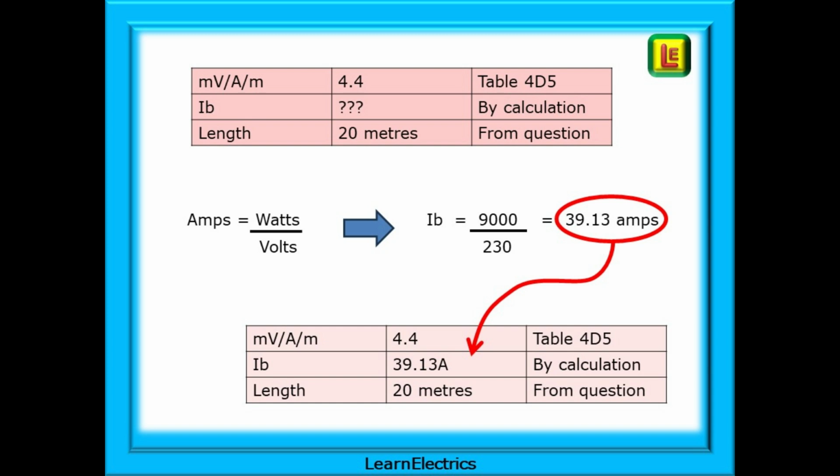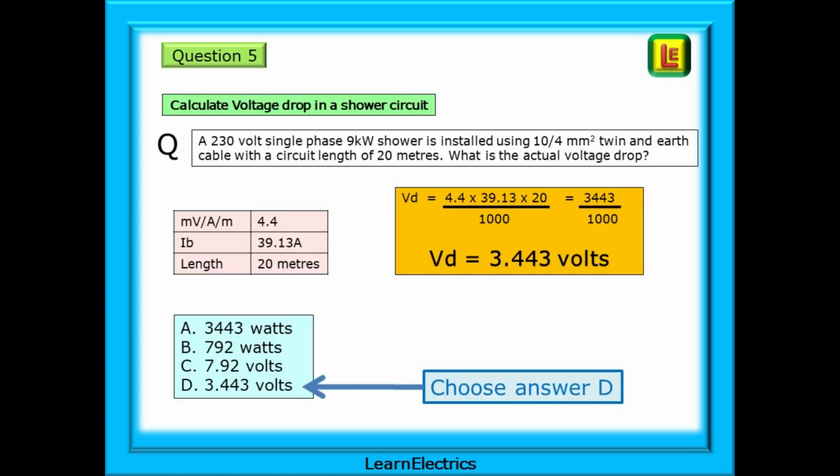Amps is watts divided by volts. 9 kilowatts is 9,000 watts, and the question tells us to use 230 volts. IB is therefore 39.13 amps, and we can now put this into our data table. We now have all the data for the calculation. The voltage drop for this shower circuit is 3.443 volts, and we should choose answer D.